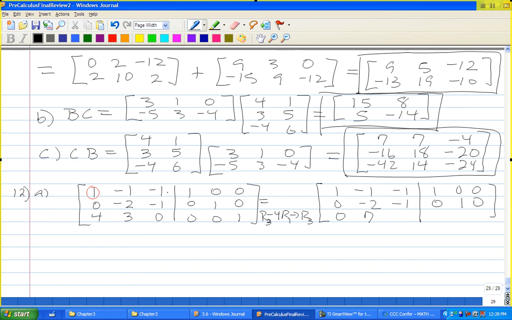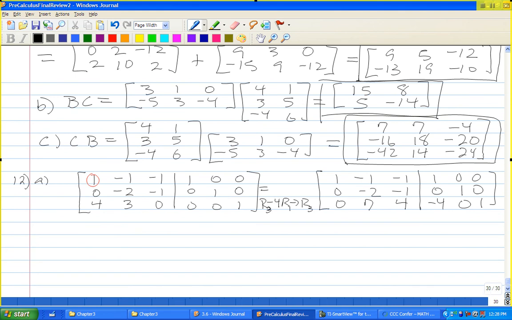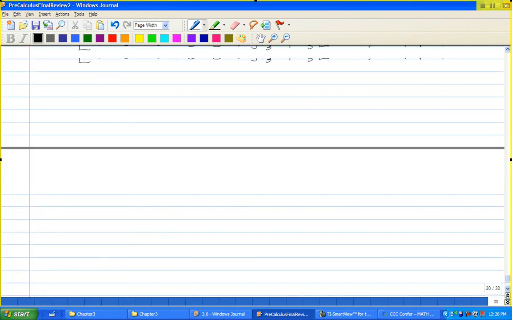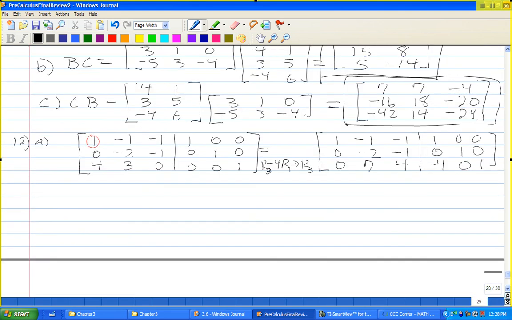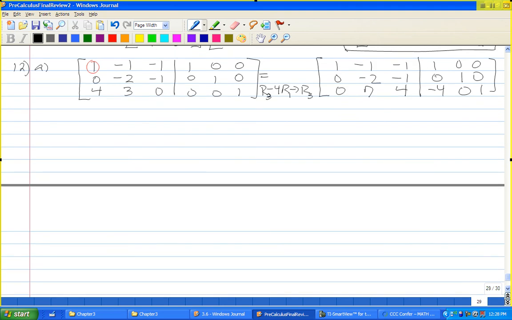And then 4 plus 0 is 4. Okay, and so negative 4 plus 0 is negative 4. 0 plus 0 is 0. 0 plus 1 is 1. Okay, so far so good. It's going to have fractions no matter what. Unfortunately.